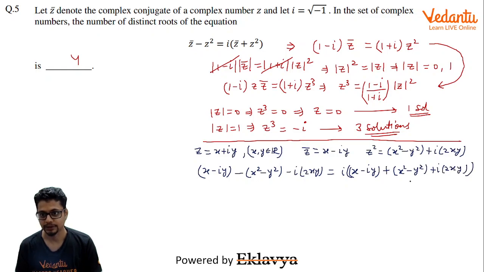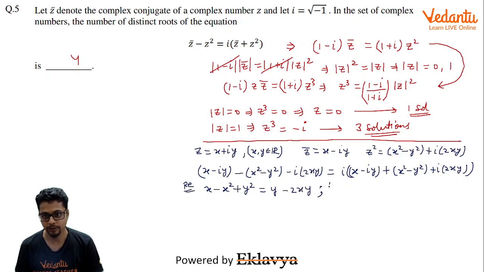Makes sense? So if you compare the real and the imaginary parts, you would get x minus x square plus y square is equal to y minus 2xy. This is about the real part on both sides.